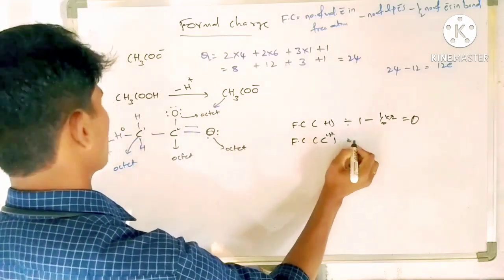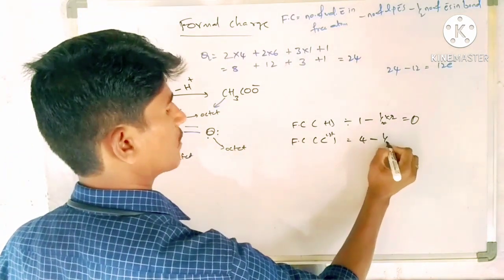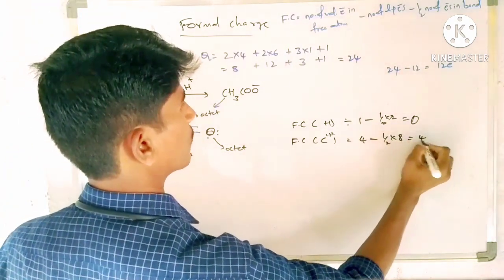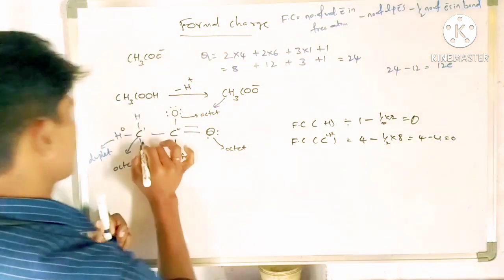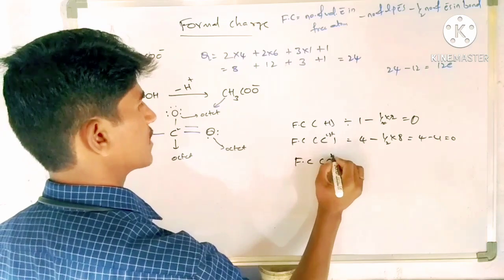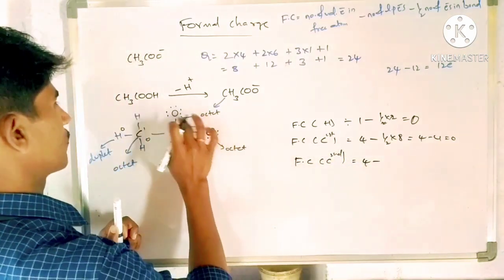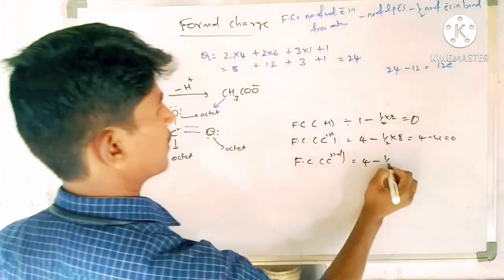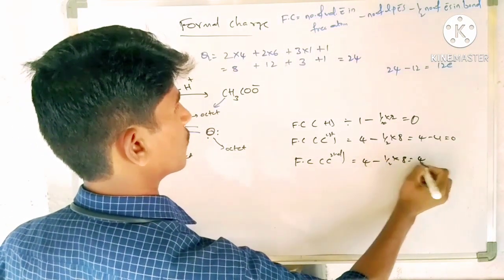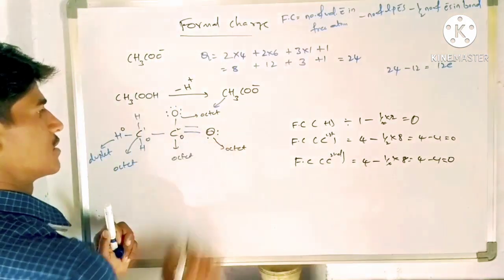For the first carbon, valence electrons are 4, minus 1 by 2 into 8 for the bonds, that is 4 minus 4, which is 0. For the second carbon, 4 valence electrons, 8 bonded electrons, so 4 minus 4 is 0. Its formal charge is also 0.